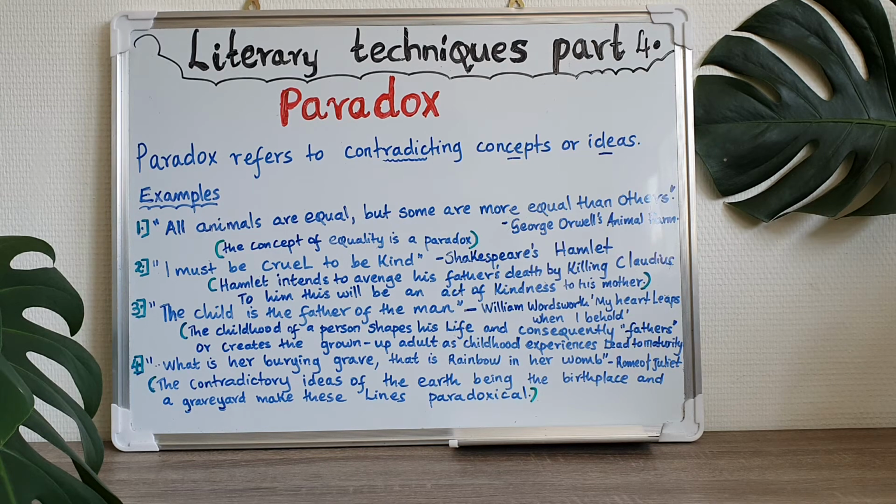So by killing Claudius, he will be carrying out an act of kindness to his mother, okay? Because obviously he does not want his mother to continue being married to King Claudius.